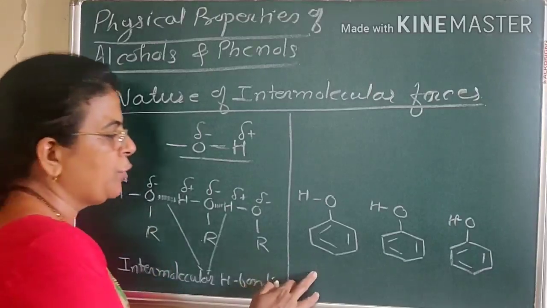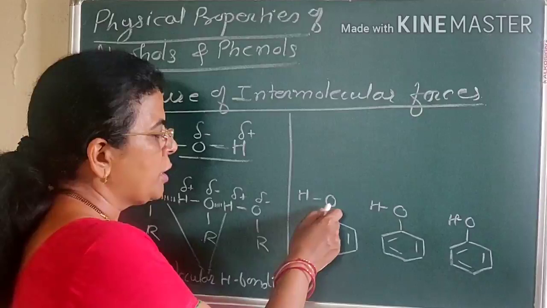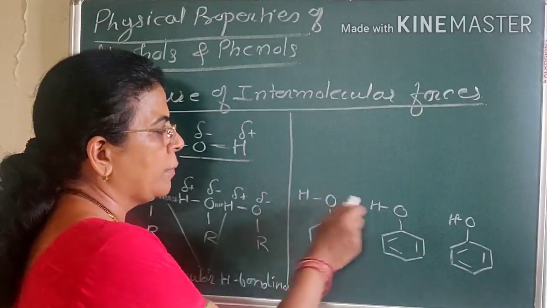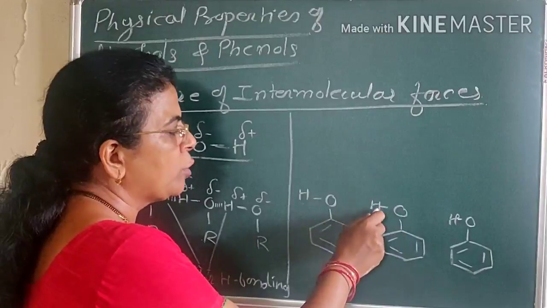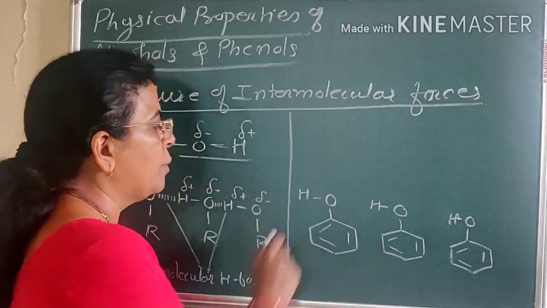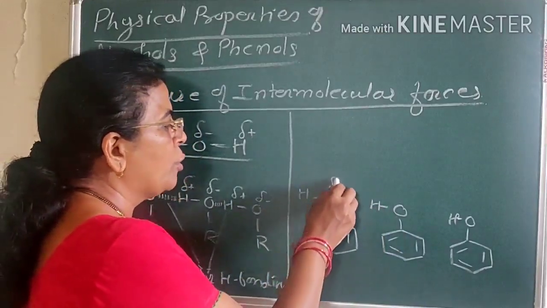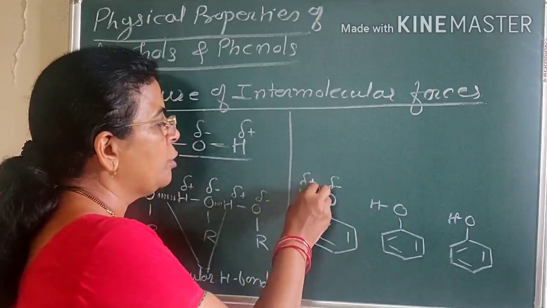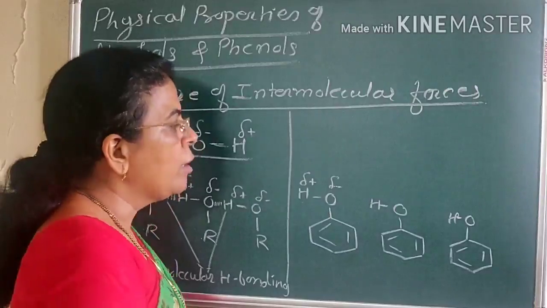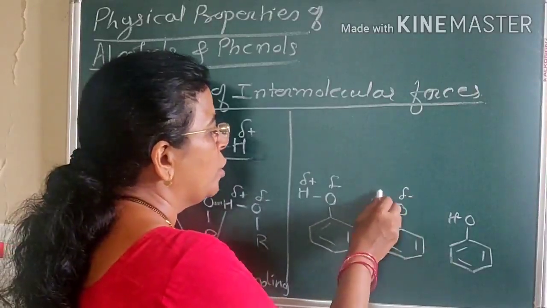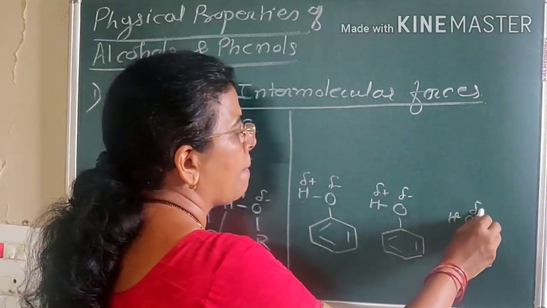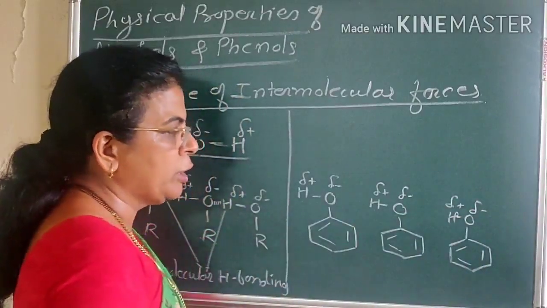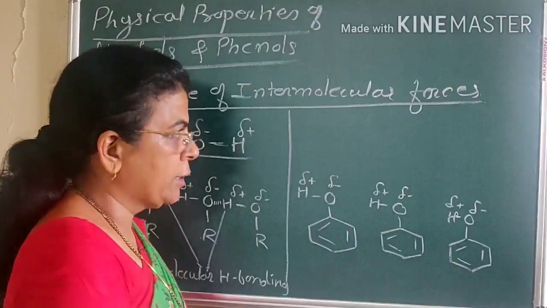Now in case of phenols, here also the same, this oxygen atom is more electronegative than the hydrogen atom. Therefore polarization of the molecule takes place like this. Oxygen acquires a partial negative charge and hydrogen acquires a partial positive charge. Here also the same thing occurs, and therefore polarization of this phenol molecule takes place.